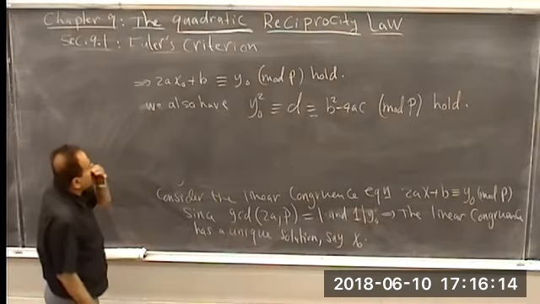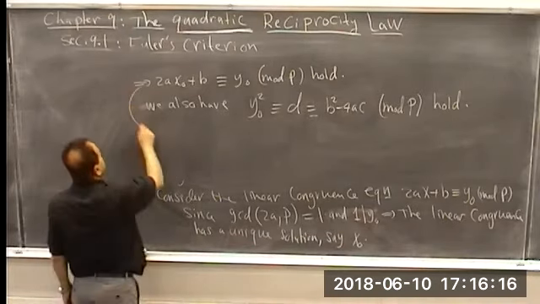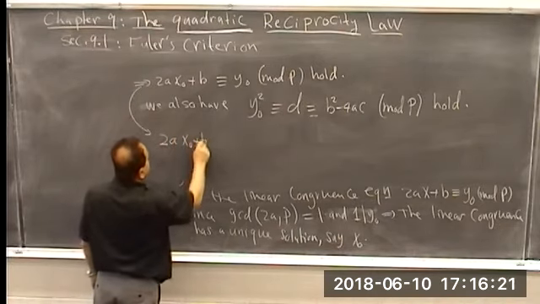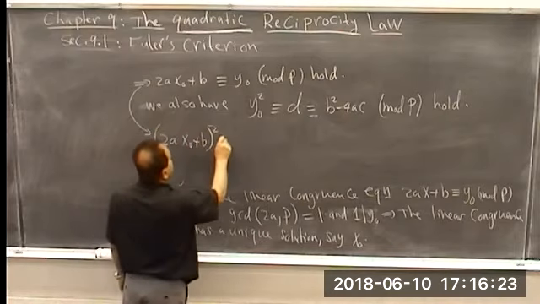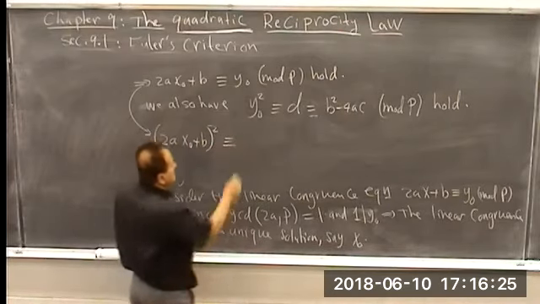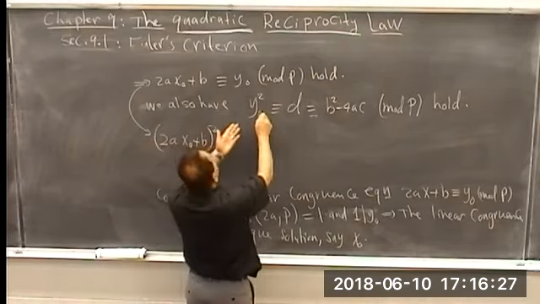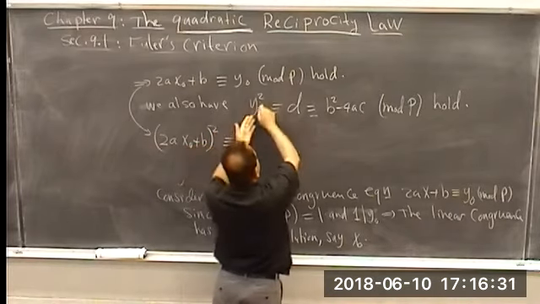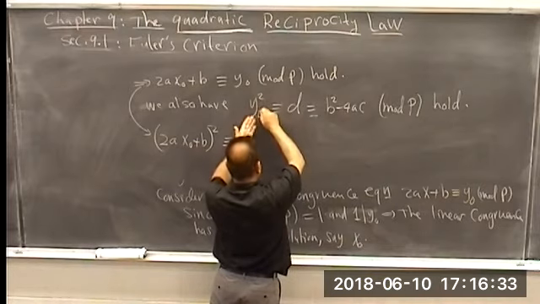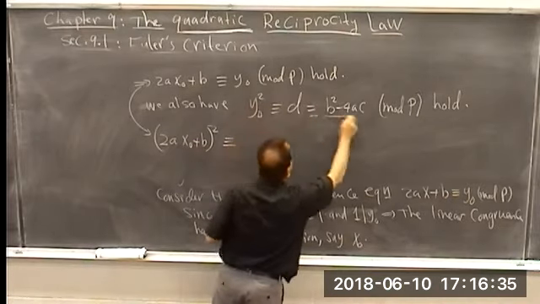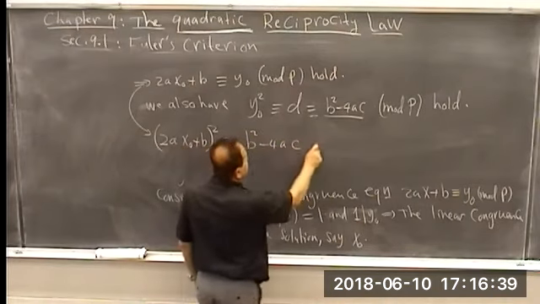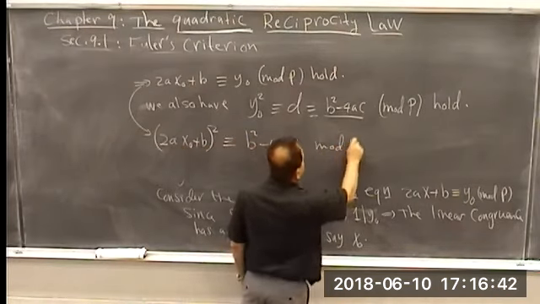Now let's put this together. This means that when I square this, it becomes congruent to y sub 0 squared, and y sub 0 squared is congruent to b squared minus 4ac mod b.